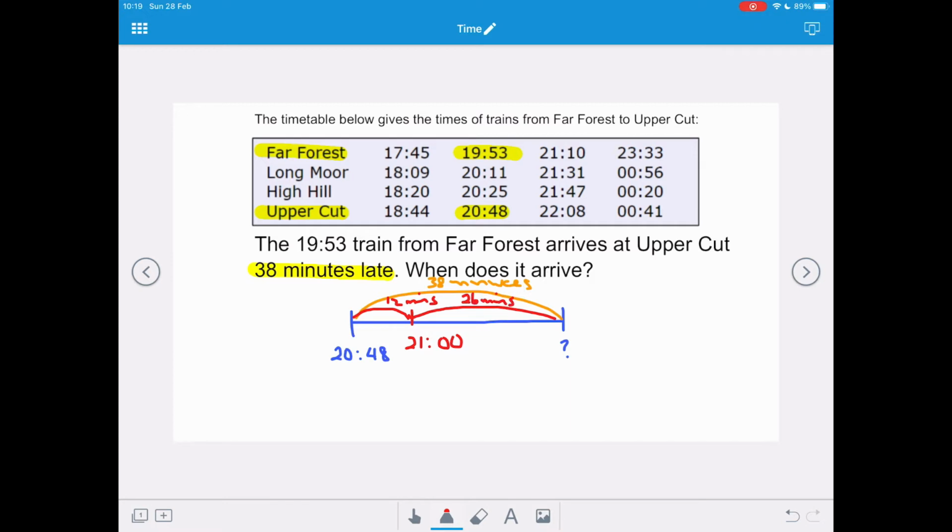And if we add 26 minutes on to 2100 hours, we get 21:26 or 9:26 p.m. So we answer the question, when does it arrive? The 1953 train arrives at 21:26. And remember, you can write it in 24-hour clock or 12-hour clock.